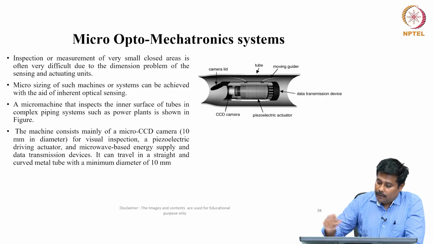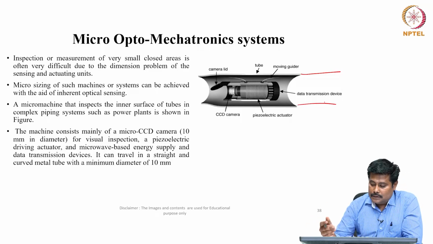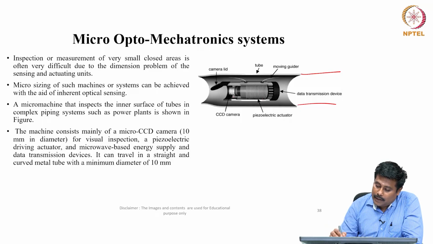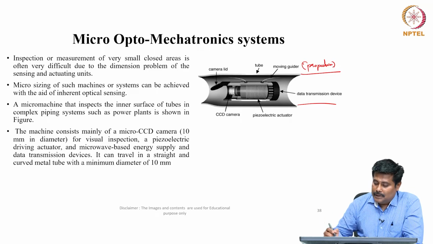So, in this micro optomechatronic system, this is a kind of tube arrangement. This is a small micro robot which is equipped with a piezoelectric actuator coupled with a camera, and then there is a tubing, a camera lid arrangement, and the moving guide, which is nothing but a kind of propulsion, and then there is a data transmission device.